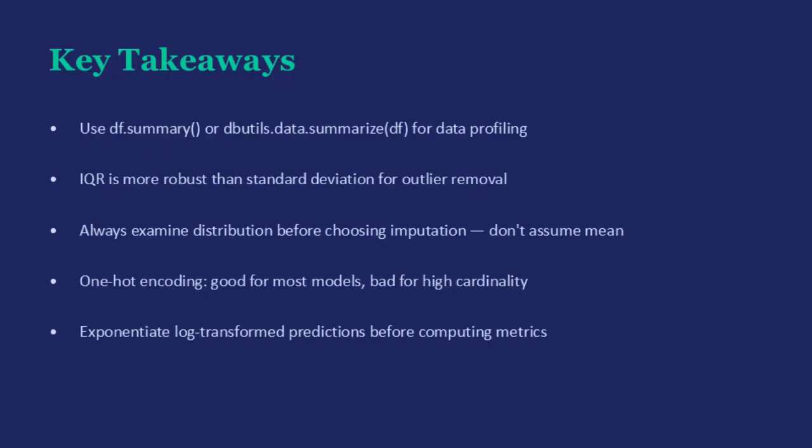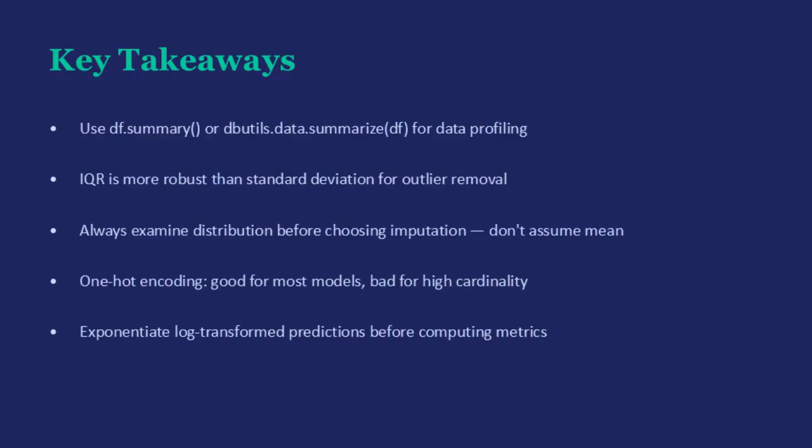So what are the key takeaways from this section? Here are data processing essentials. Use df.summary for stats with quartiles or dbutils.data.summarize for visual profiling. IQR is more robust than standard deviation for outlier removal, especially when you have skewed data.